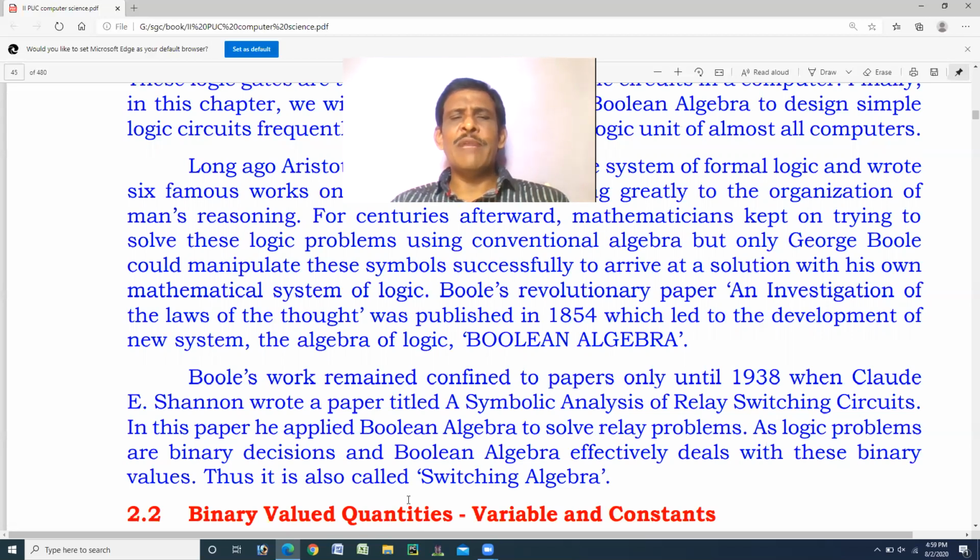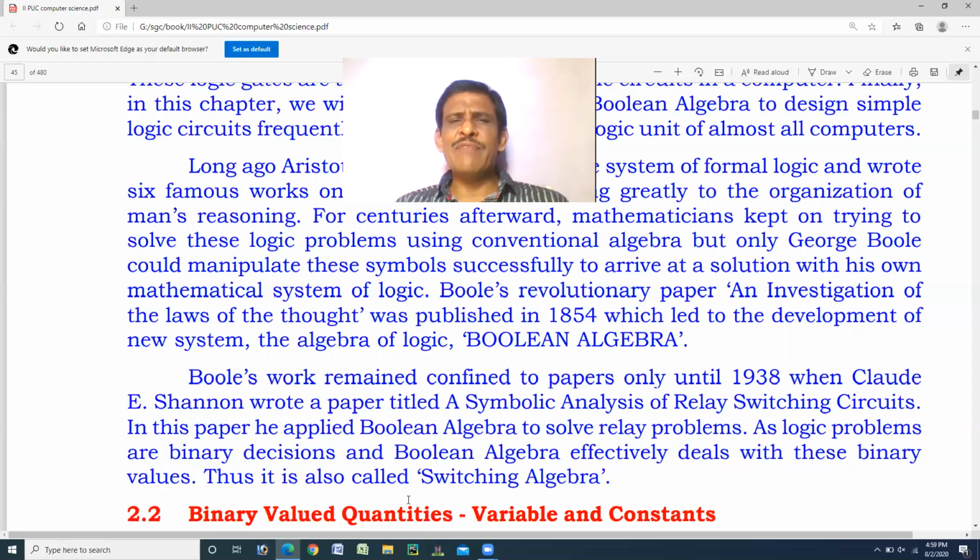So one more name we have concluded after the brief history. In this introduction, what you learned is that Boolean algebra is the algebra which deals only with binary numbers.